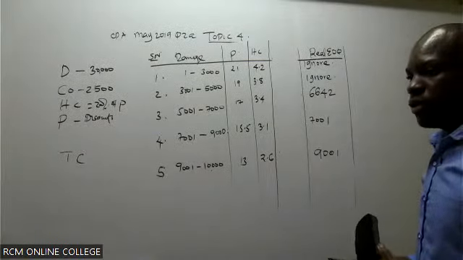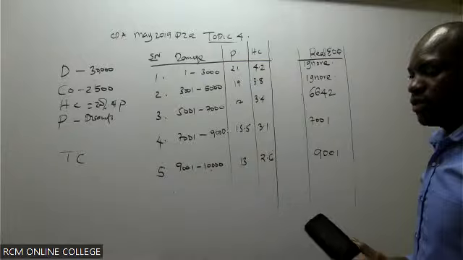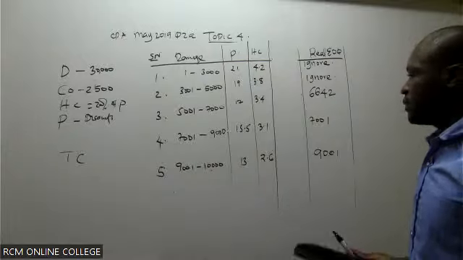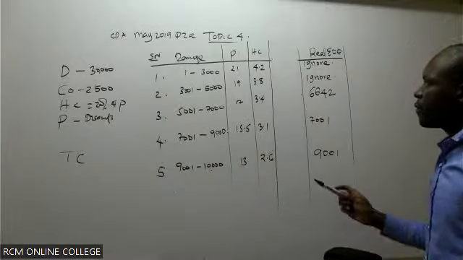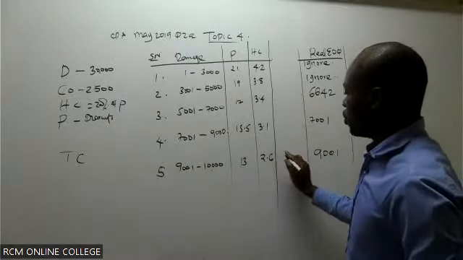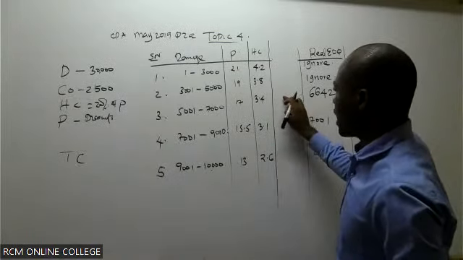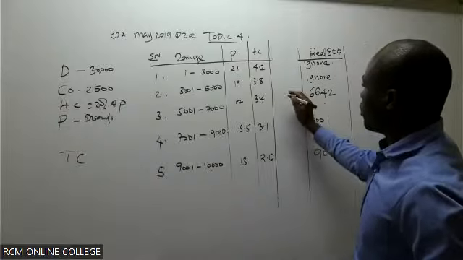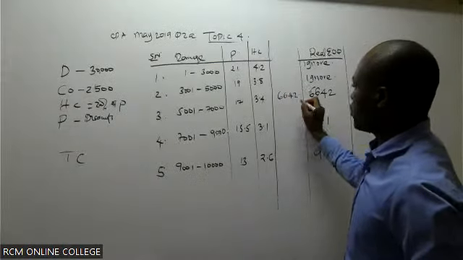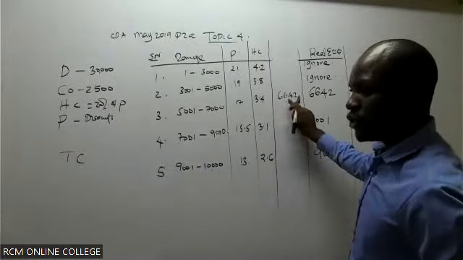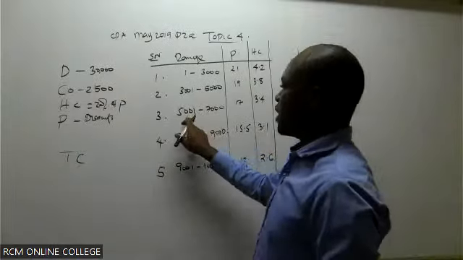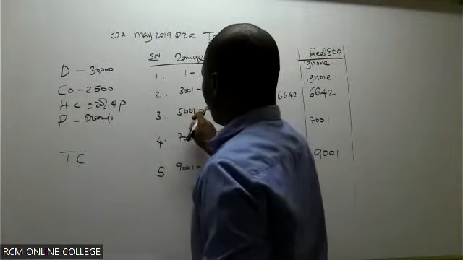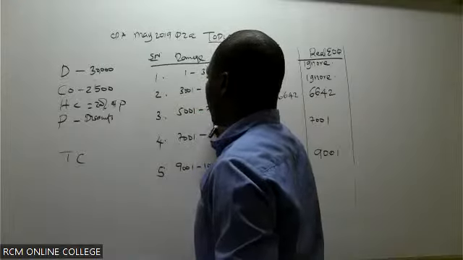Can you pick any amount between this one and this one in exam? In exam, yes. Let's say our calculated economic order quantity, which I think we did here, look here carefully, we were having 6642, is it? 6642 is within this range, between 5,001 and 7,000.